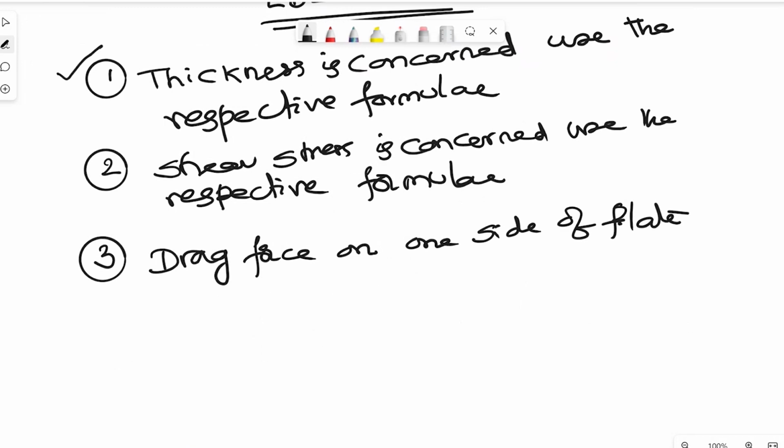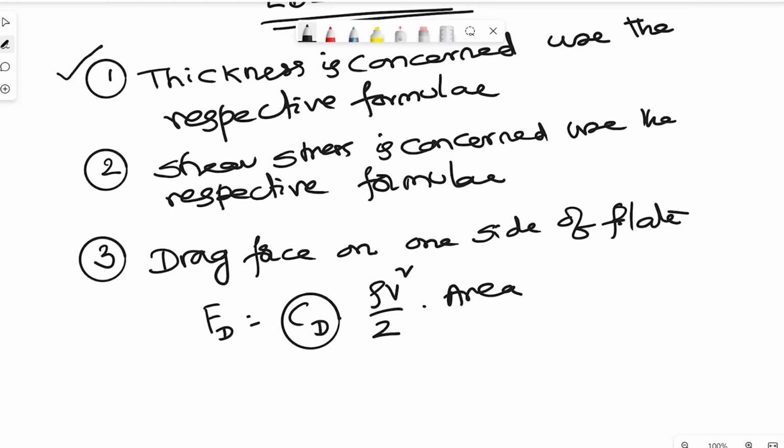So which average drag coefficient do we have to use? Because drag force FD is equal to the average drag coefficient CD into rho v square by 2 into area. So this is fixed. Now which average drag coefficient do we use, the laminar boundary layer one, or the turbulent boundary layer one? This is the crux.